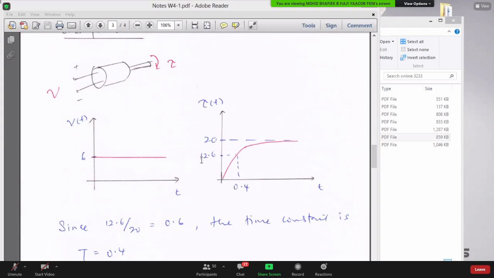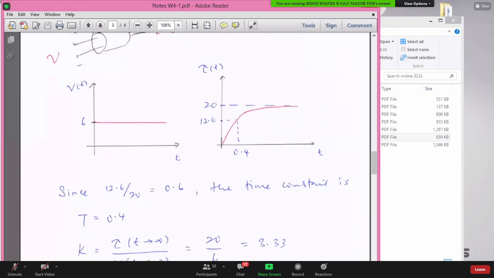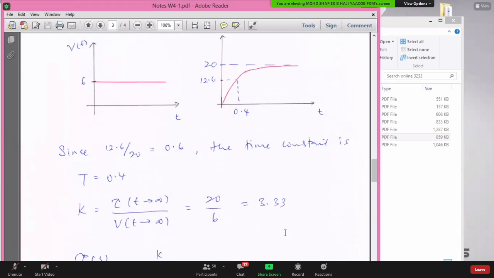Okay, so if you take 12.6 divided by 20, that is about 0.6, so about 63% of the final value.